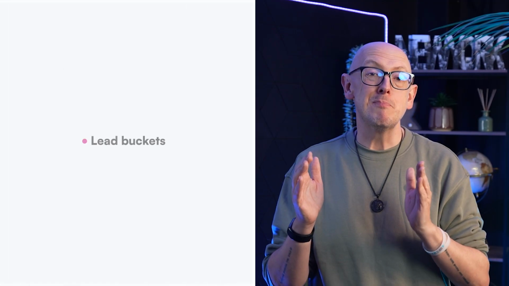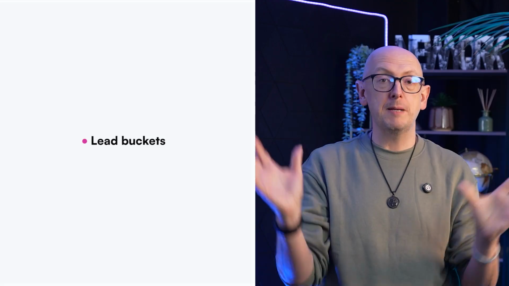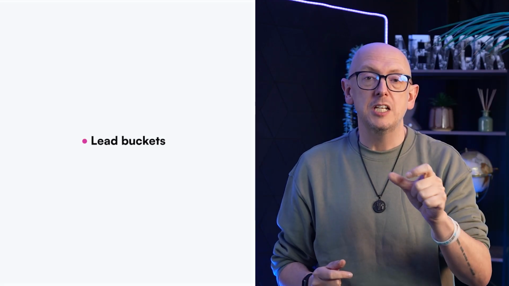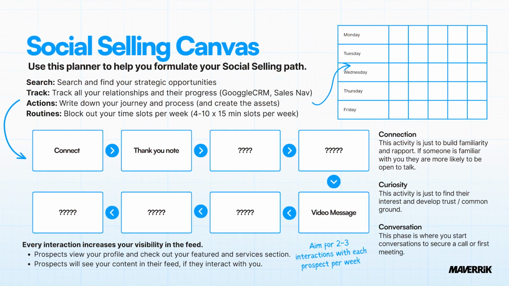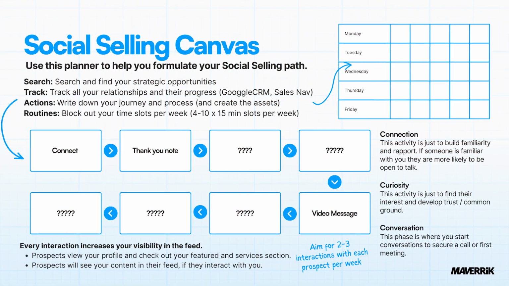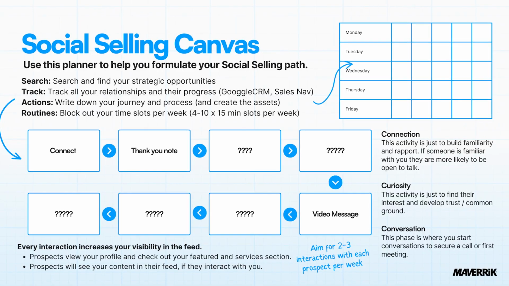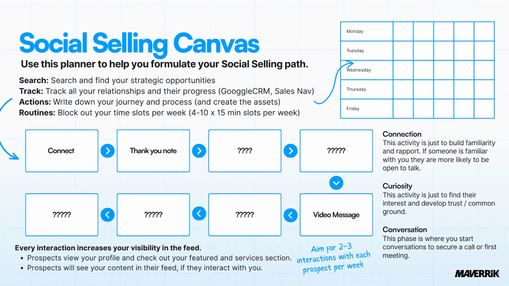Number 5, if you're saving leads, you want to save your leads in buckets. Not one big bucket, but little buckets by pipeline stage. So in my process, I have what we call a social selling canvas. One will appear on screen here so you can see it. And I map all my actions I'm going to do with that prospect.